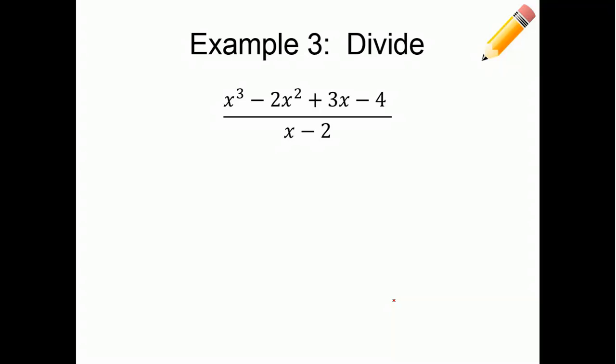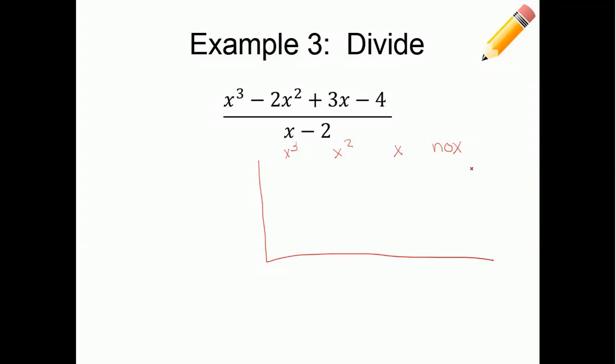Let's try one more. Now notice, this actually looks like a division problem. It looks like I'm dividing something. Nothing much different, it's just I have it written as a fraction, showing my division. So, let's go ahead and build our box. Inside the box, looks like x cubed's the front, so let's put x cubed all the way at the top. And then write my designation, x cubed, x squared, x, no x.